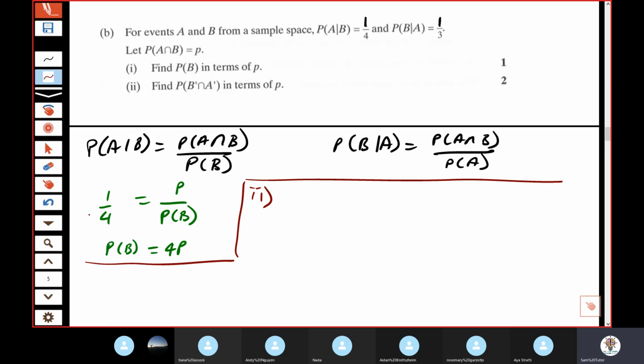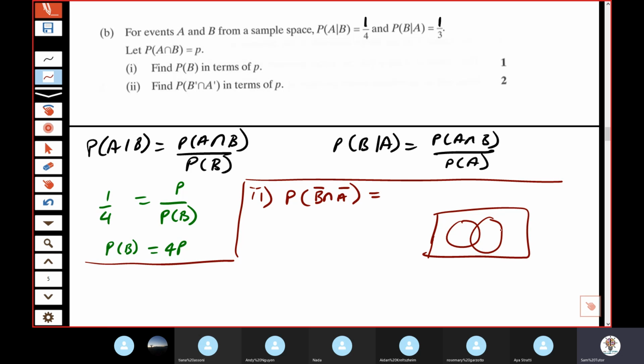All right. Probability of not A and not B. Probability of not B and not A is equal to one minus probability of A and B. No. What am I thinking?